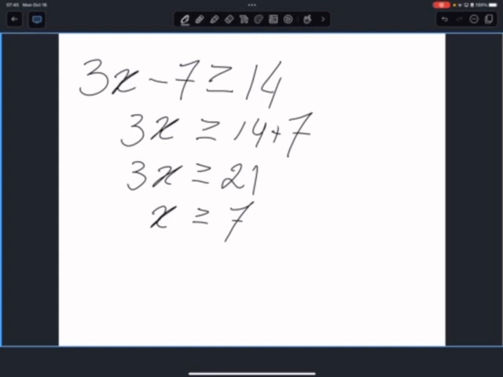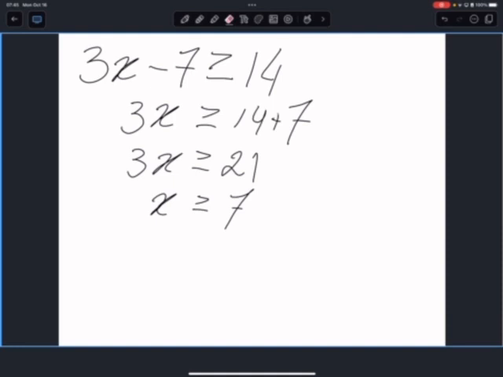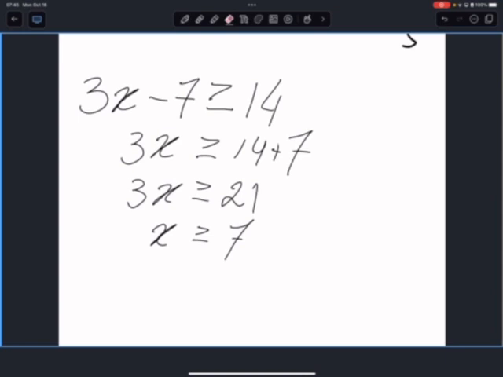Now, the whole point of mathematics, as I said in the beginning, is to challenge your logic. How do you see things? I have a specific function, which is 3x minus 7.